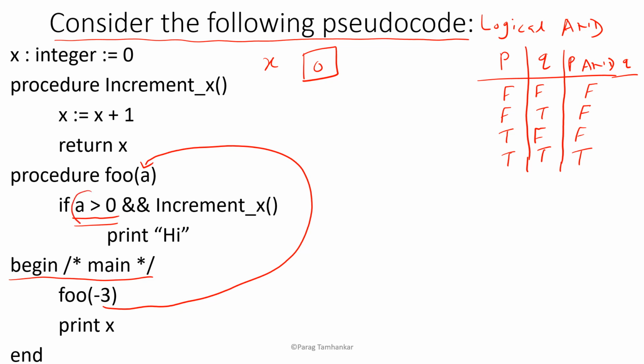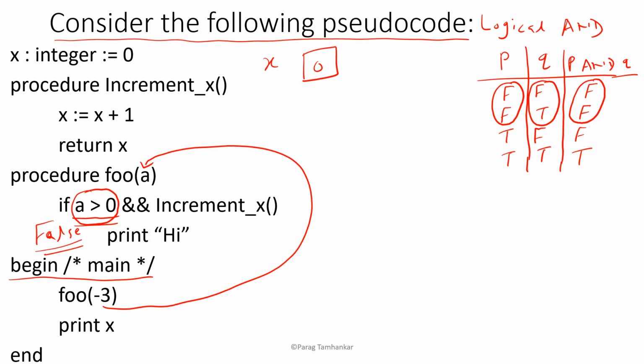So the first part of this condition happens to be false, and you see, if the first part of the condition happens to be false, then it really doesn't matter what is the second part of the condition. Second part of the condition can be false or true. The final output doesn't change. The final output always remains false.